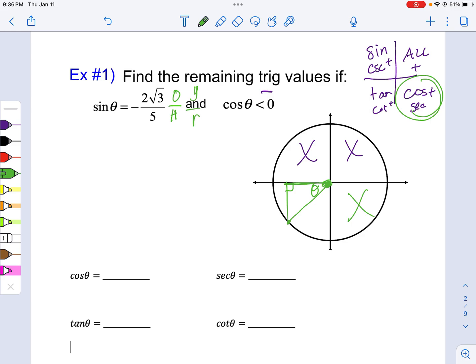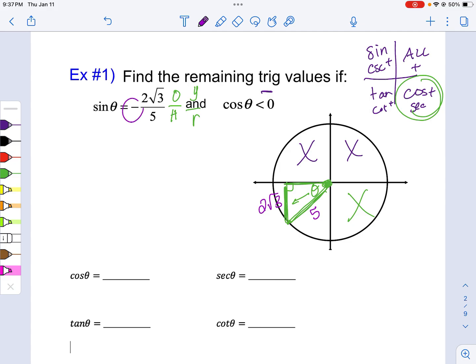Either way, the opposite side here is your y value, and the radius is the hypotenuse of the triangle. So again, using either of those, SOHCAHTOA or y over r, we can now label the triangle. All right, so I know the opposite side has to be 2 root 3. I know the hypotenuse has to be 5.